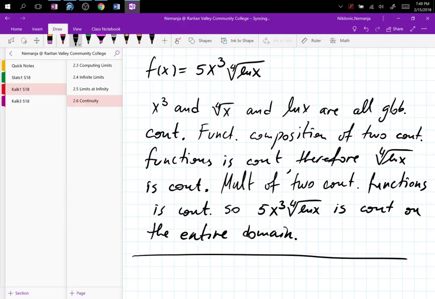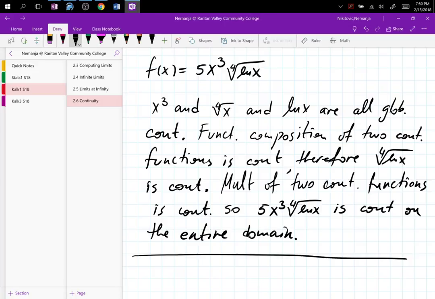If you have function compositions, you have to establish those parts first, and then you go with addition, subtraction, multiplication of functions. If you have a division, you have to make sure that the denominator is not 0. Every time the denominator is allowed to be 0, you have discontinuity.